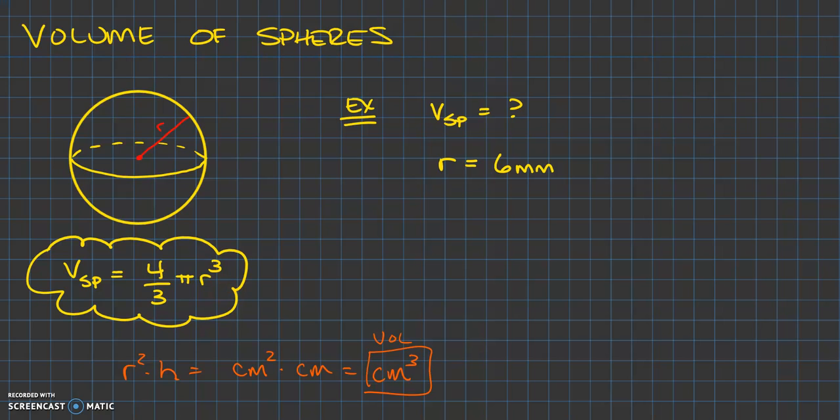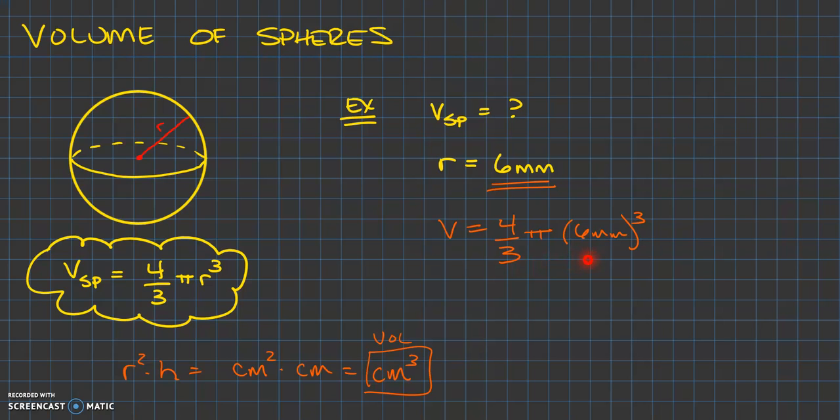And so in this first example, I have given you a radius of 6 millimeters. And so, as we've been doing, we know we're going to be doing some substitution and working through the math. So 4/3 pi r cubed, so that's going to be 6 millimeters cubed. Now, what can be tricky about these problems is, what do I do first?